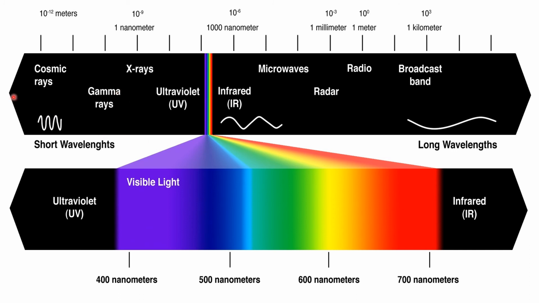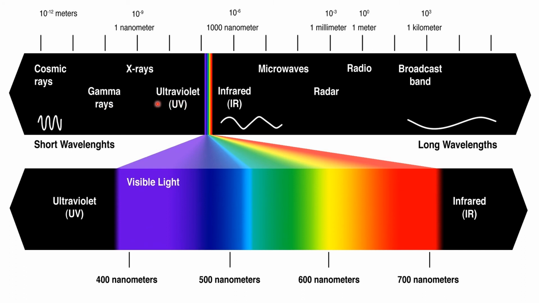In the entire range of the electromagnetic spectrum, only this colored part, which is expanded below, can be seen. This is called visible light.